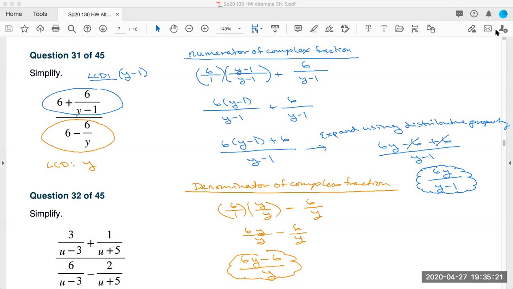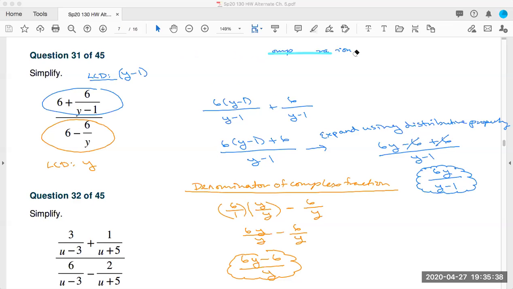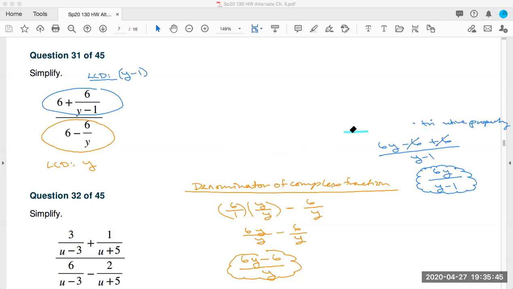I'm going to save that. If you need to, go ahead and take a picture. I'm going to delete the majority of this. So let me erase. Okay, so we have this piece here.